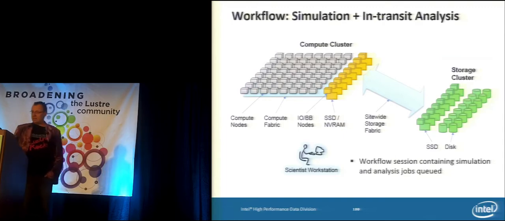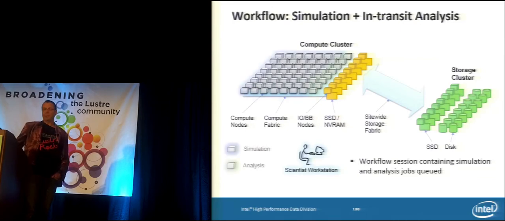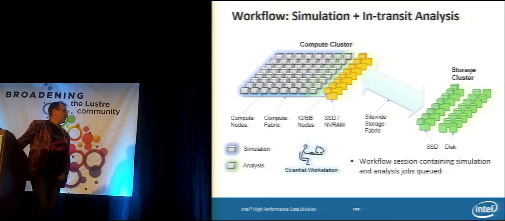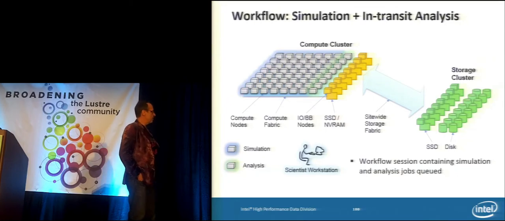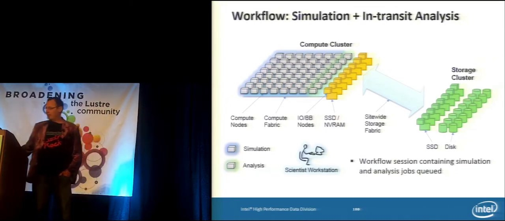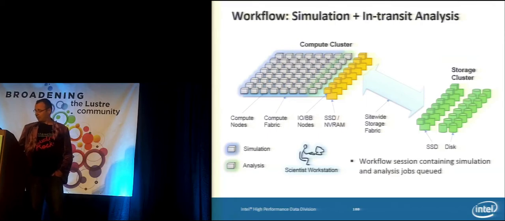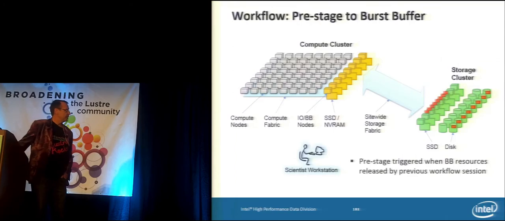So the scientist starts off by initiating a workflow session. Now, here, a workflow session means a unit of allocation of machine resources where you can run parallel jobs. So let's say we're going to have a simulation, which is going to run on the blue nodes, and an analysis program which is going to run on the green nodes. What does the data flow actually look like?